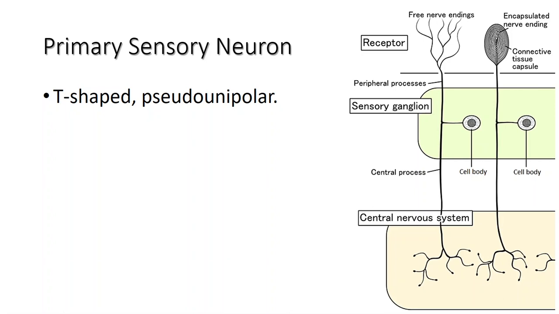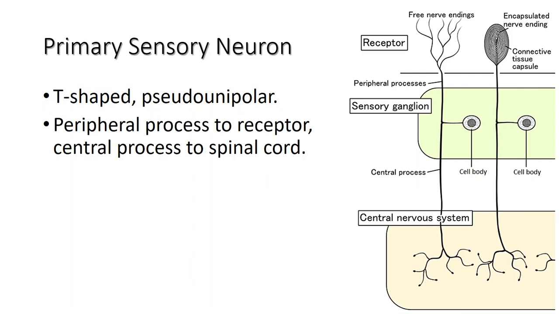Its peripheral processes reach the sensory receptors and its central processes reach the spinal cord through the dorsal nerve root of the spinal cord. It carries sensory information from the sensory receptor to the spinal cord or the brainstem.